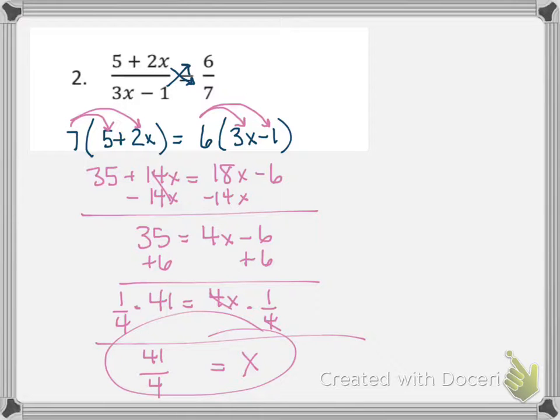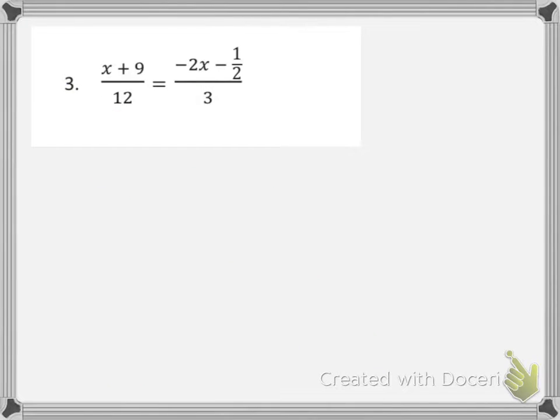So, while these might look very complicated and confusing, how in the world am I going to do that? Using the theorem, means extremes, we can simplify and solve for those variables x. All right, let's try another one. 3 times the quantity x plus 9 is equal to 12 times the quantity negative 2x minus 1/2.